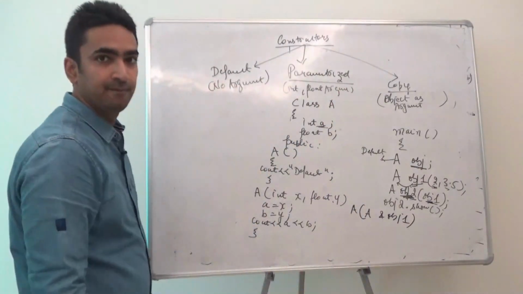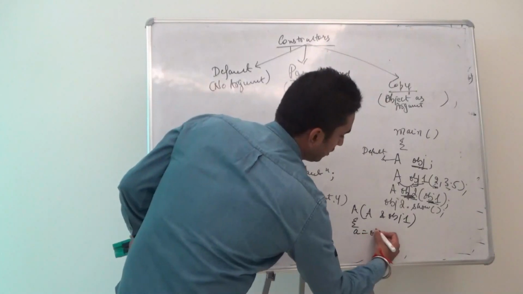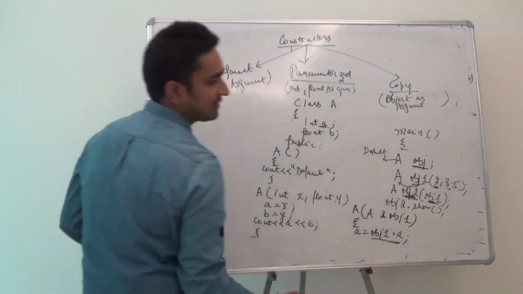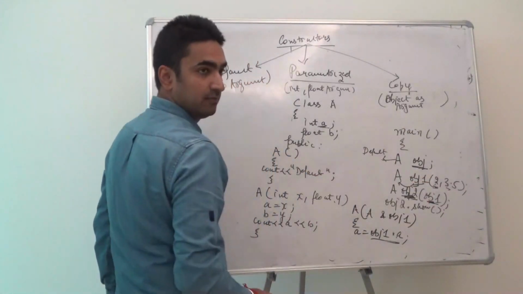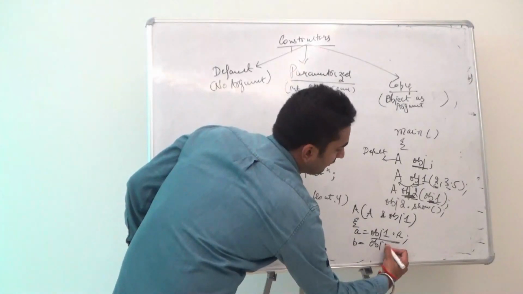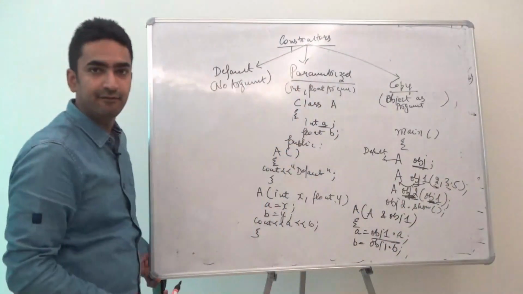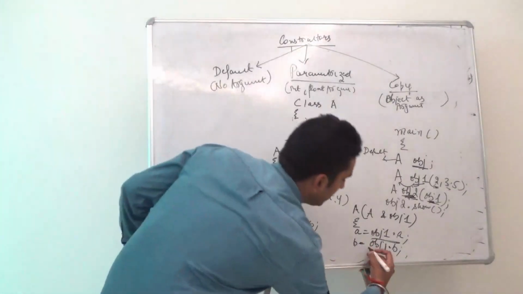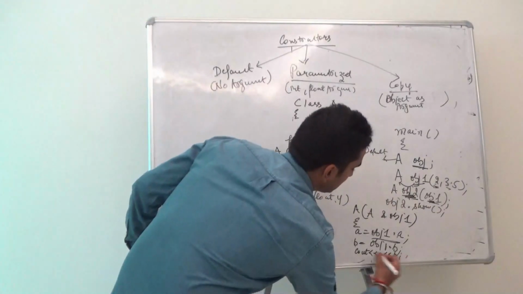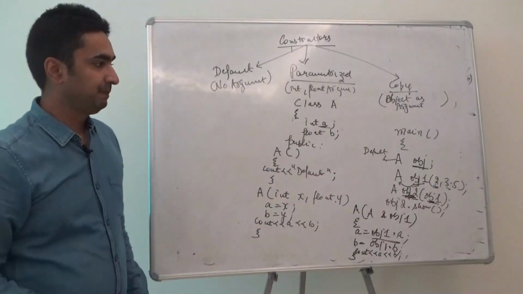Then I am writing, A is equal to object 1 dot A. Object 1 already has answer 2, and B is given object 1 dot B, which is 3.5, and I can display it cout A B. This is the copy constructor.